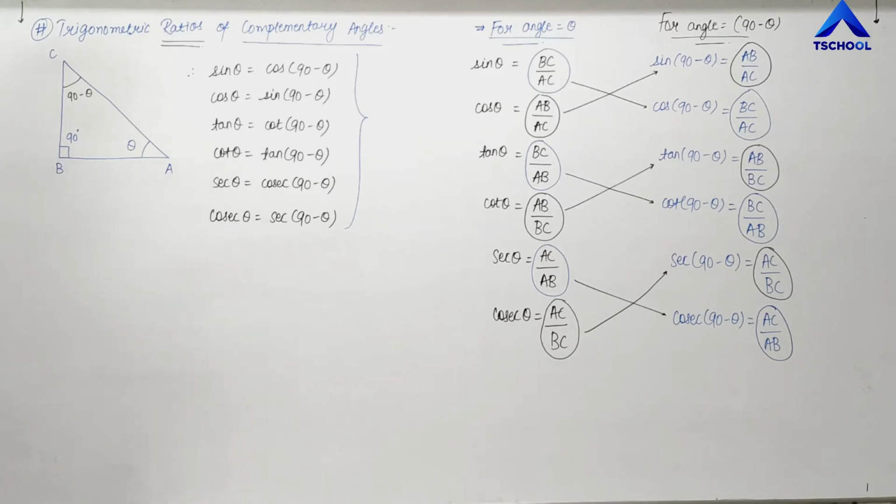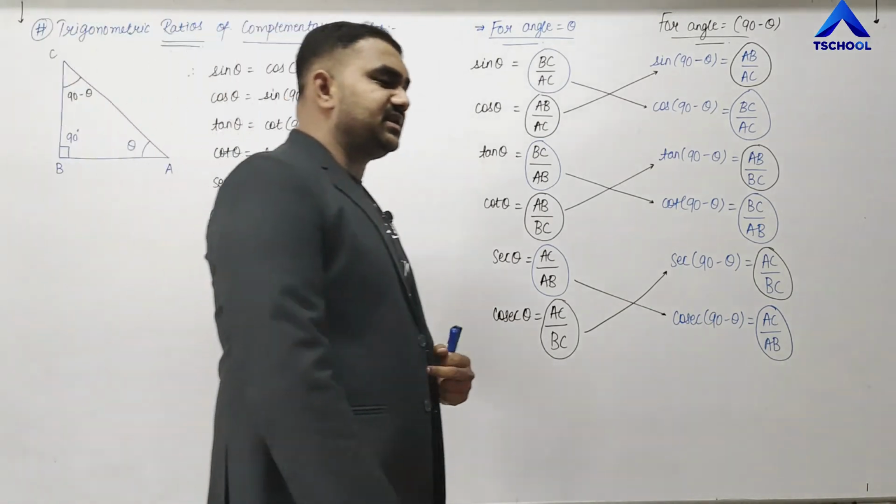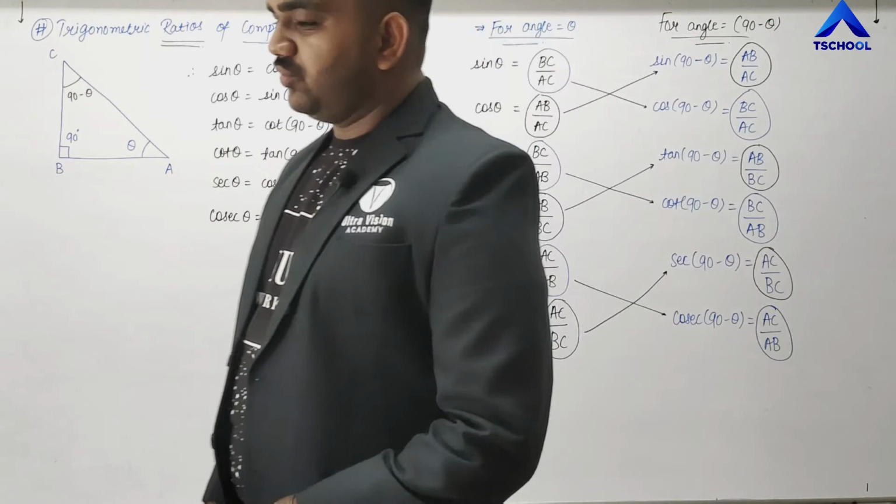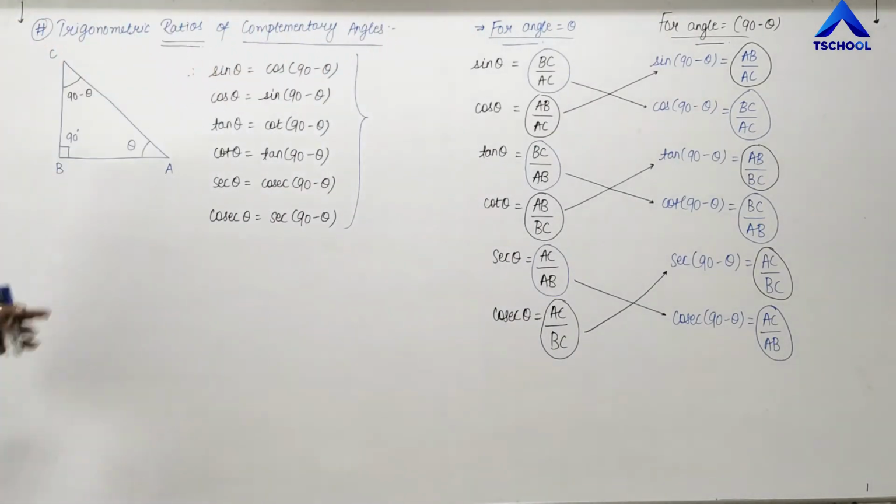Is it clear? So you will remember these 6 formulas, these 6 identities or these 6 results. Basically, for that you will require to memorize these 6 identities and solve the sum in the next part.